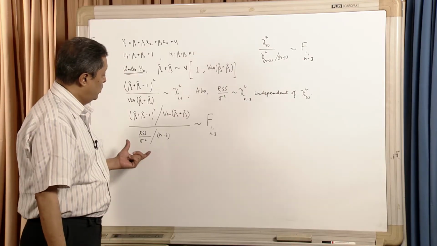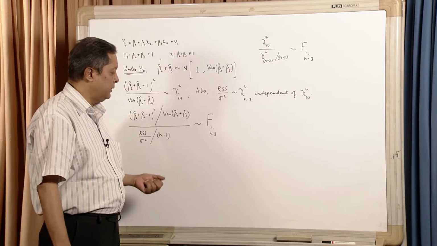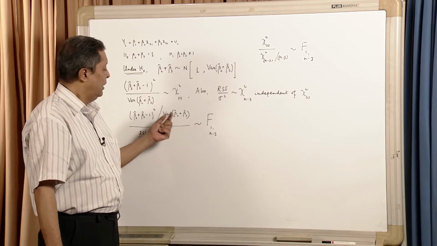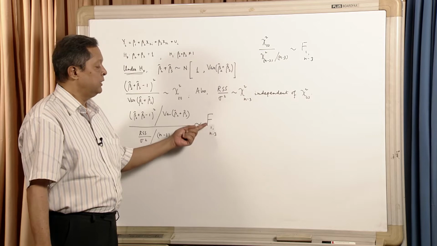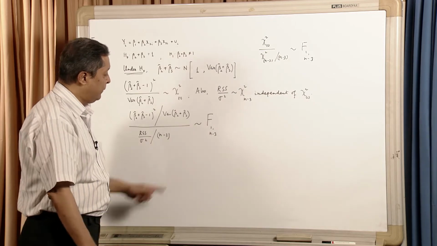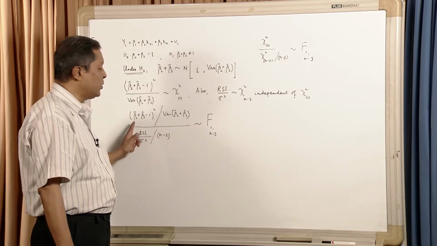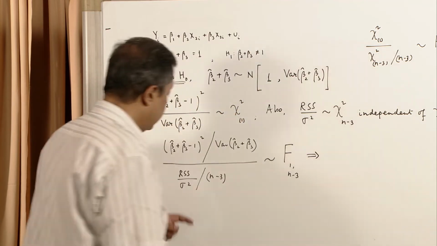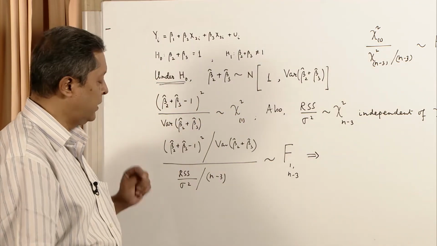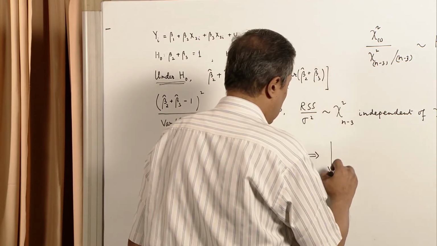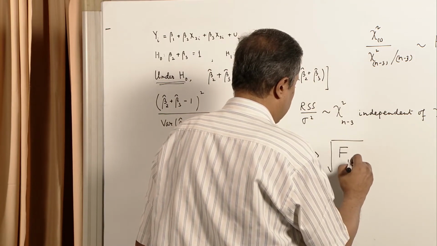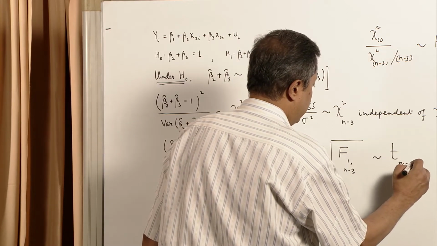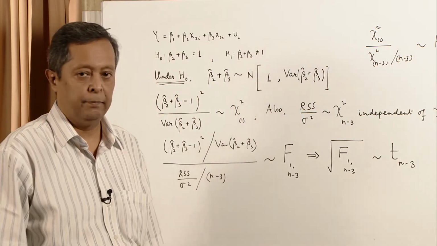Now, we also have another important result, that is when we have an F distribution with 1 degree of freedom and n minus 3 degrees of freedom in the numerator and denominator respectively, then the square root of this follows a T distribution. So, root over F(1, n minus 3) will follow a T distribution with n minus 3 degrees of freedom.